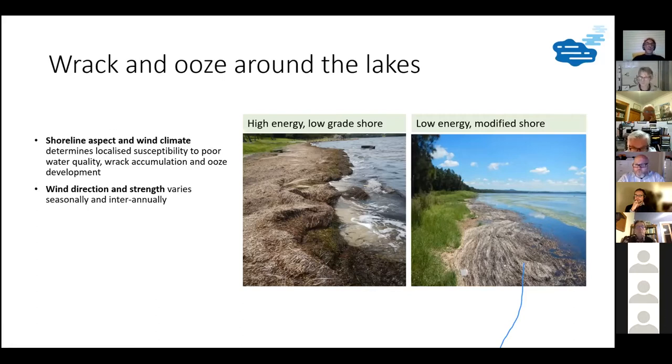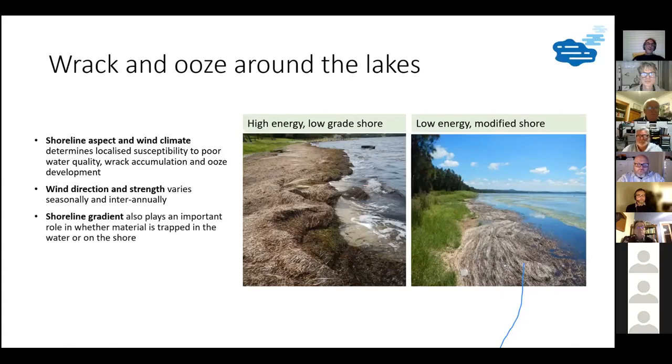varies in time, and so in some years we might have a prevalence of really strong northeast winds that will affect those shorelines that are exposed to those winds in a different way to the other ones, and vice versa for years where southeast winds predominate.